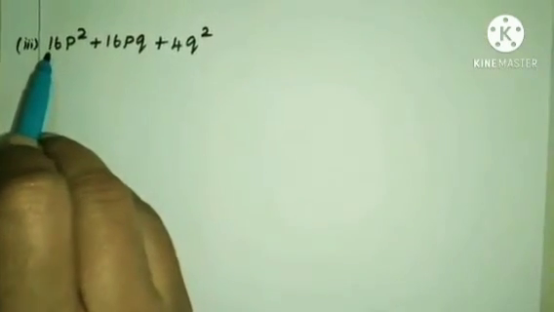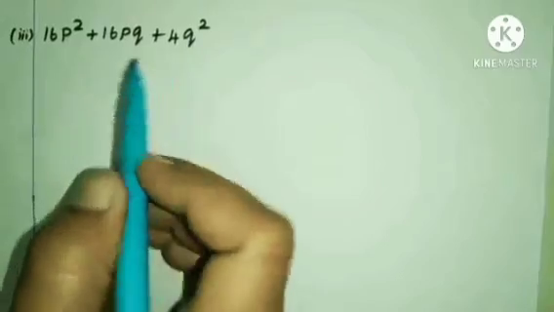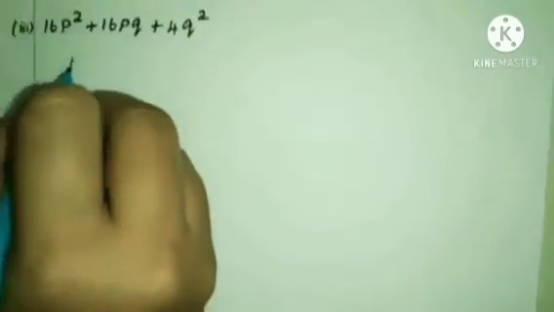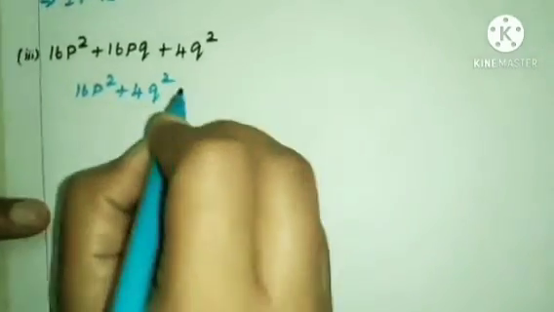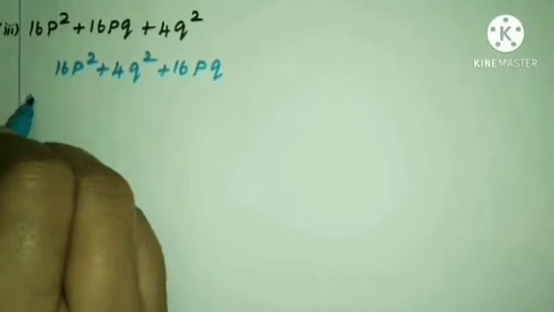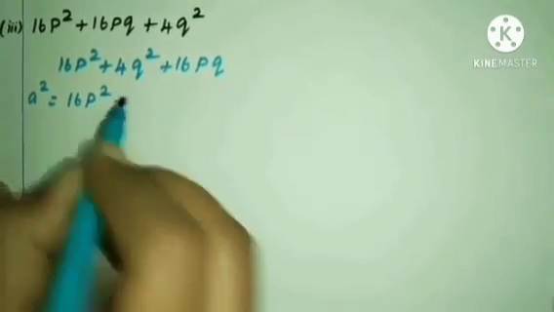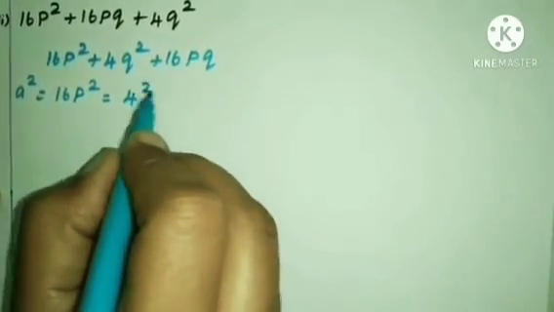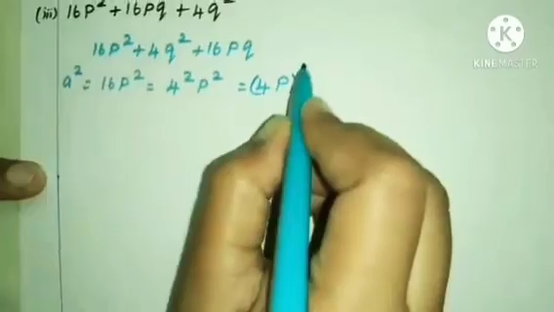Next question is 16p² + 16pq + 4q². That is 16p² + 4q² + 16pq. Here what is the a² term? Here a² is 16p². 16 is 4²p², that is (4p)².